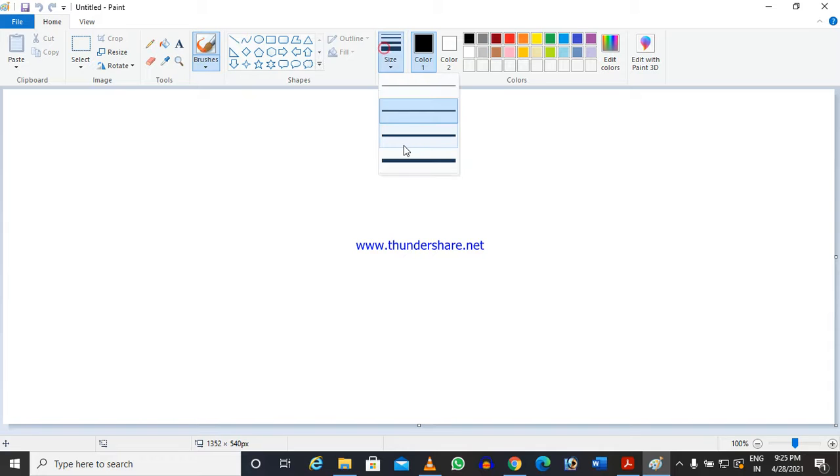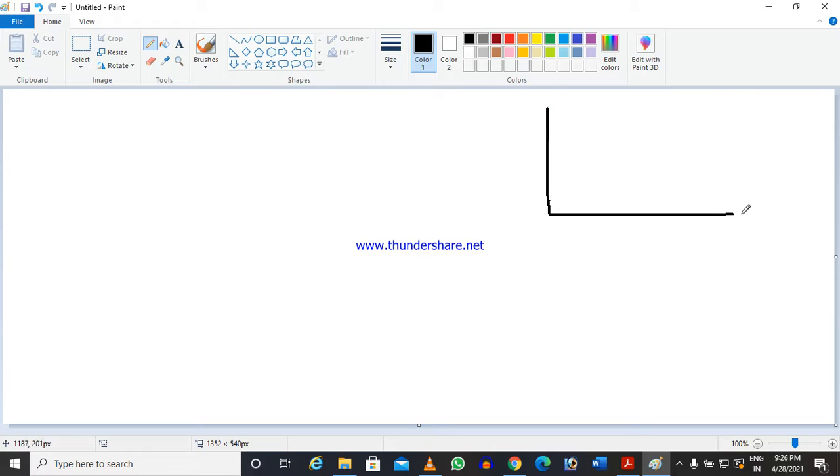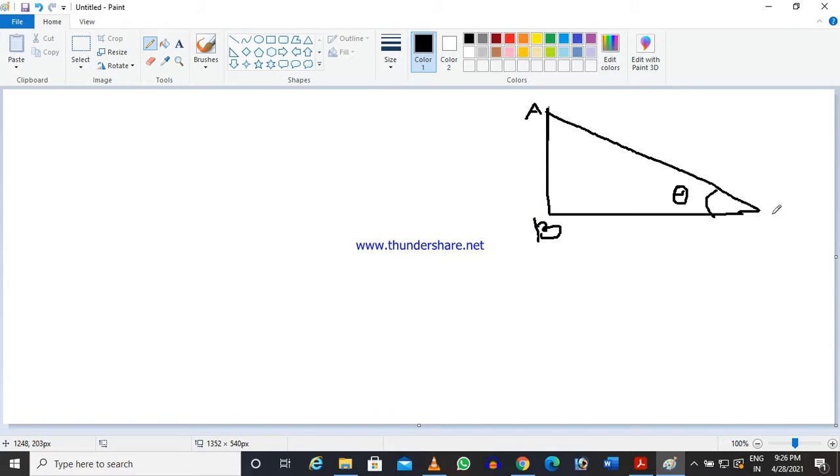First, we will go to some basics. Say this is a triangle. This angle, if it is theta, let us give some names: A, B, C.